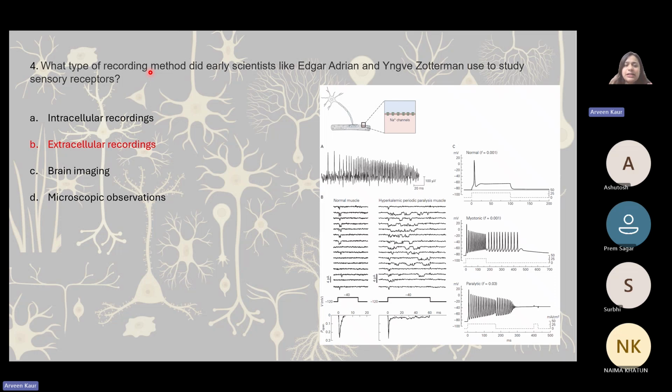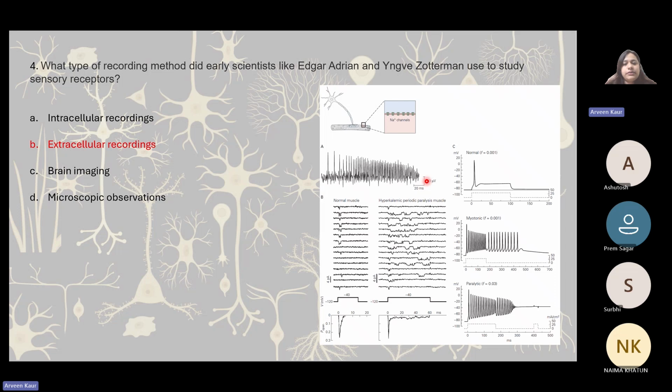Extracellular recording means the electrode is near a bunch of neurons, so the reading that it is obtaining is a summated response of a multitude of neurons present around it. It is not taking the recording from a particular neuron.